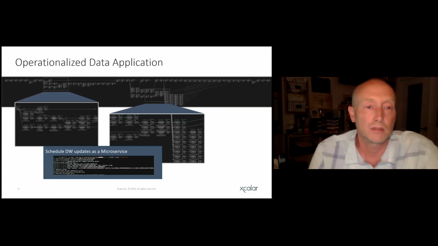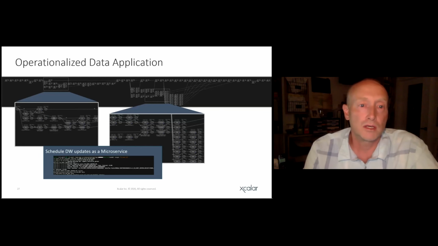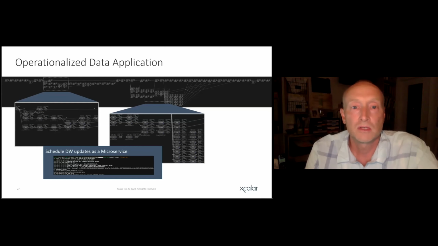Next slide, please. Yes, thank you. So here you can see my operationalized data application with dozens of SQL operators that I developed interactively and we just reviewed in the previous slide. Now they compile down to hundreds of execution primitives. The callouts show zoomed in sets of operators.